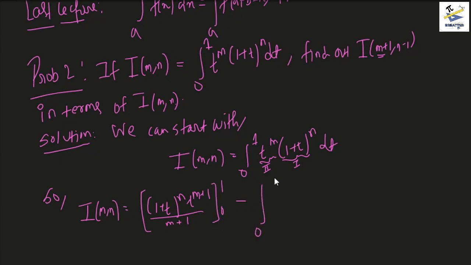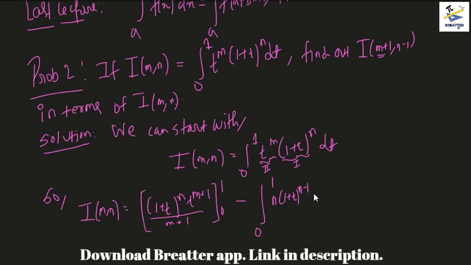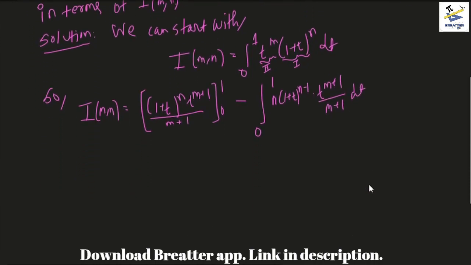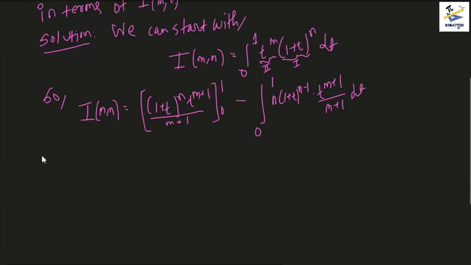Minus the integral from 0 to 1 of the differentiation of (1 plus t) to the power n, which is n times (1 plus t) to the power n minus 1, multiplied by t to the power m plus 1 by m plus 1 dt. Let us come to the next step.